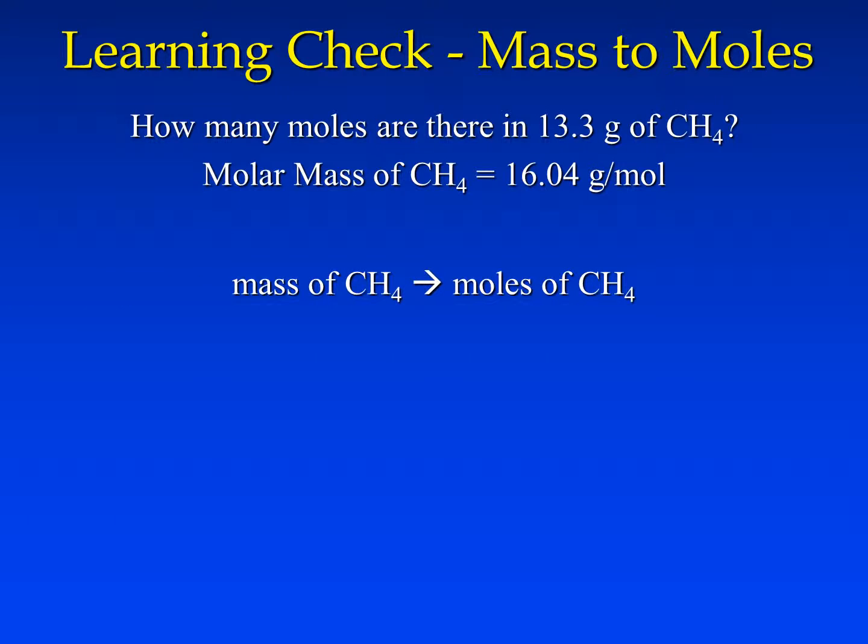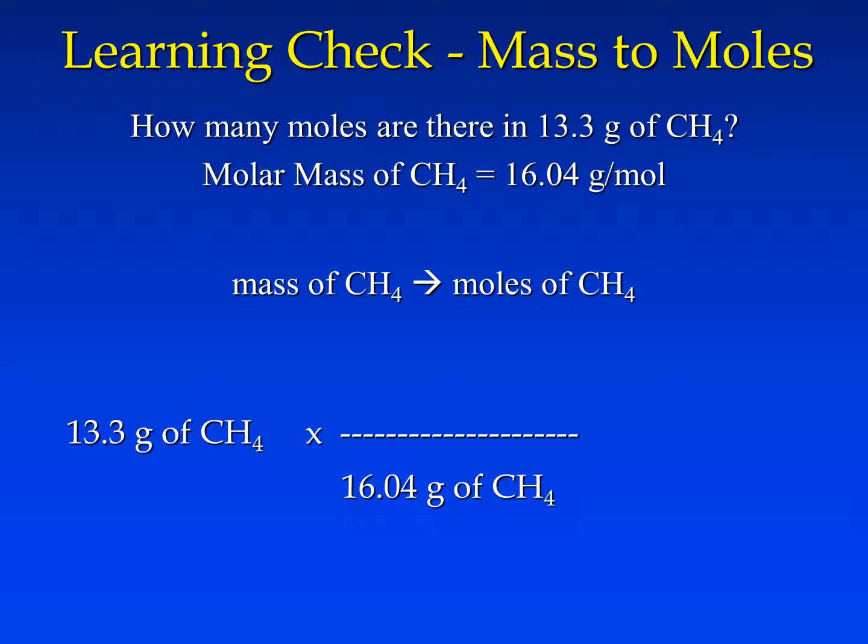And you would realize that you are going, of course, from mass to moles, and in doing so, therefore, you would start writing the amount of mass of methane, and then you would create the conversion factor that appropriately gives you moles. So how would you do that?